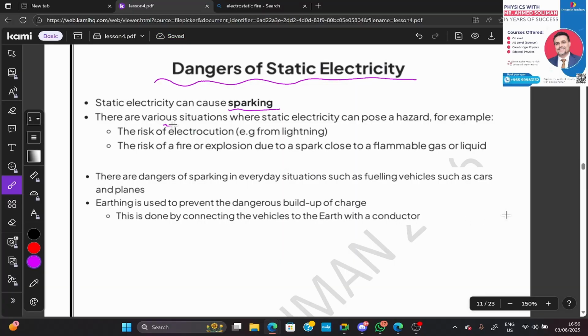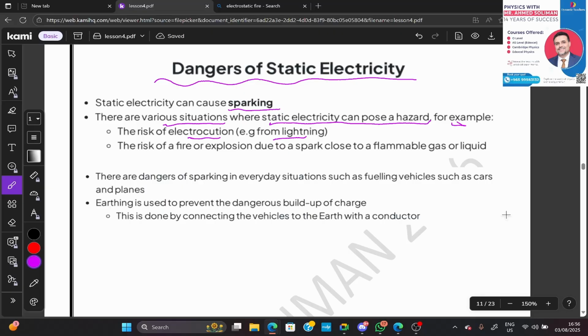There are various situations where static electricity can pose a hazard. For example, the risk of electrocution from lightning. Do you know lightning? Okay, Ahmed, do you know what is meant by lightning? Bara, do you know what's meant by lightning?